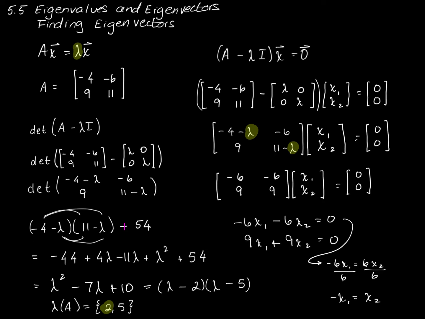So x2 can be written as -x1, which means that my vector x1, x2 is really just x1, -x1. And I can factor an x1 out of that. So I get 1, -1 times x1.